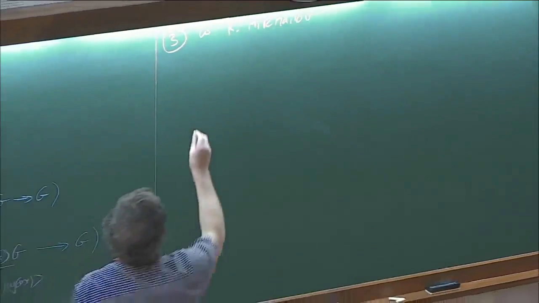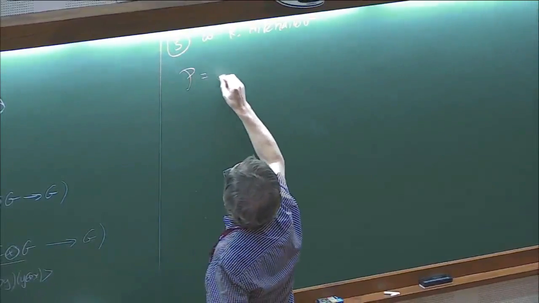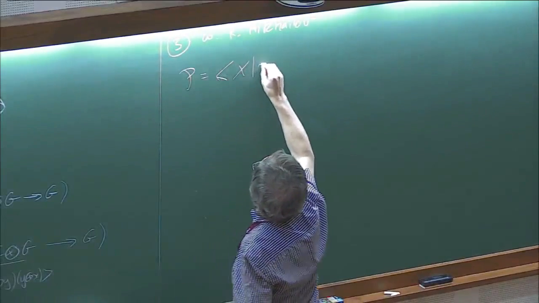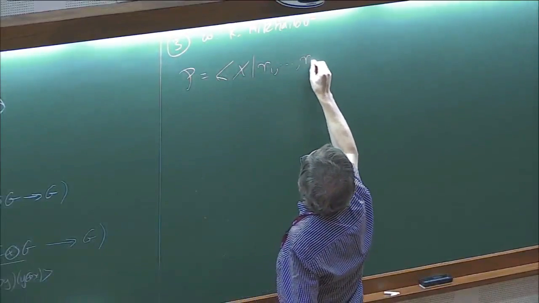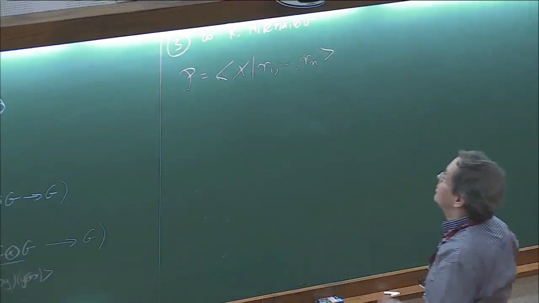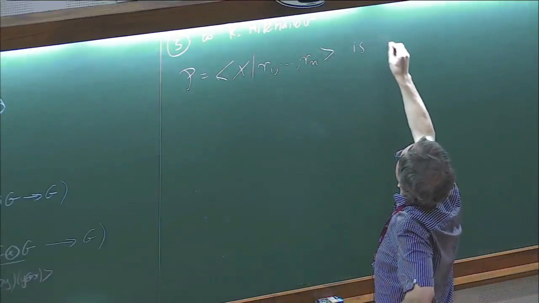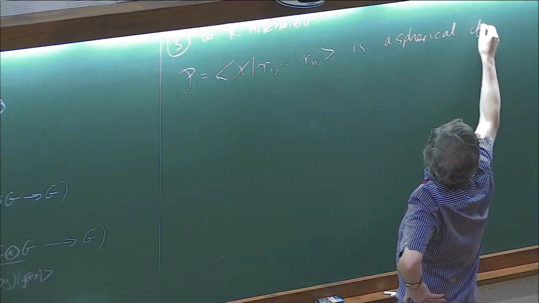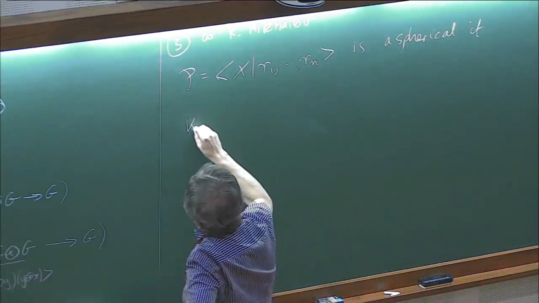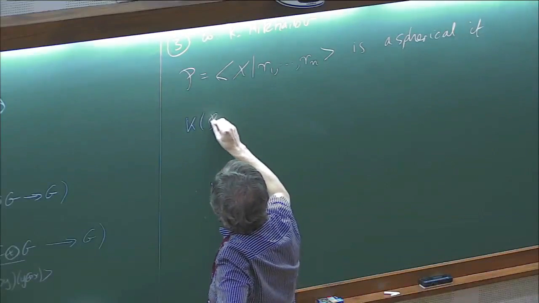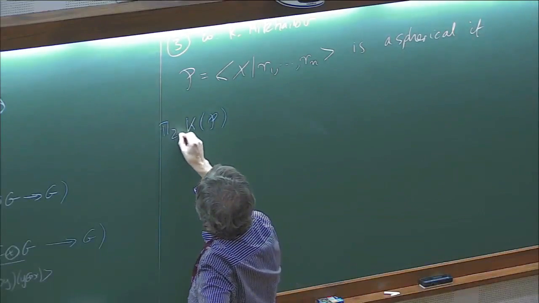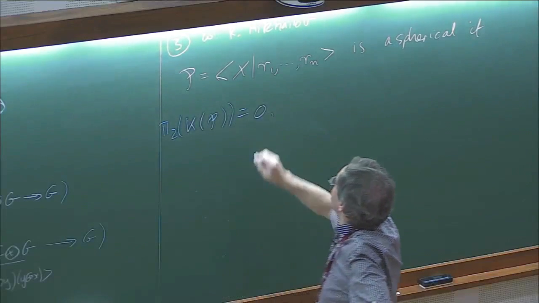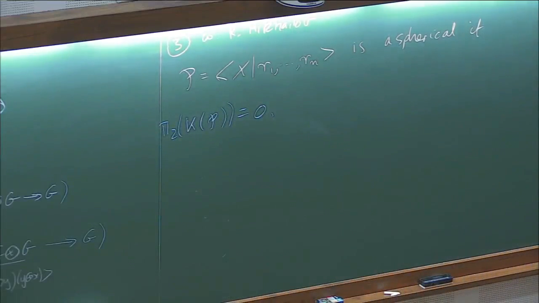So let's just remind ourselves that a presentation of a group, let's say n relators, is spherical if the two-dimensional complex associated to the presentation has trivial second homotopy group. So let's define a presentation to be almost spherical.